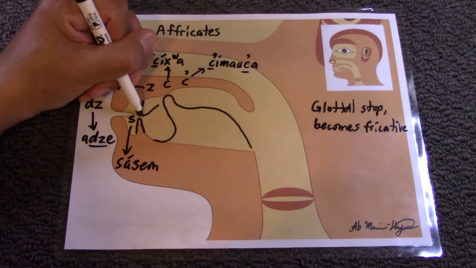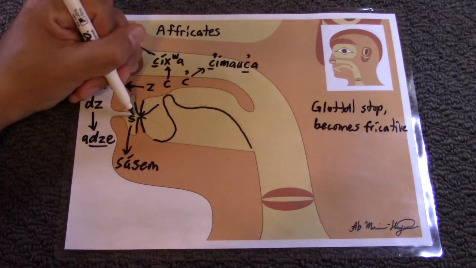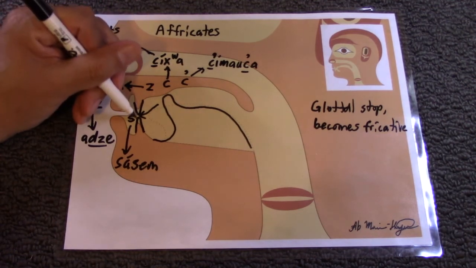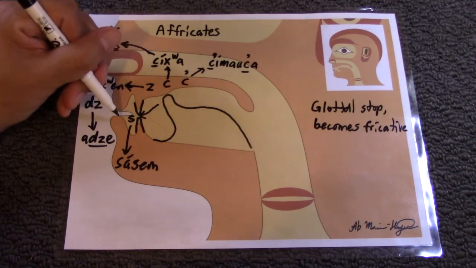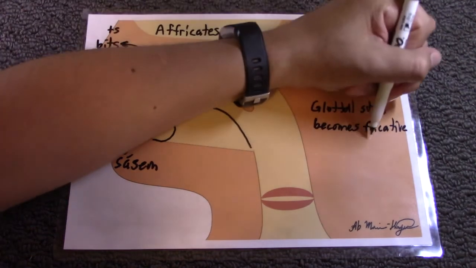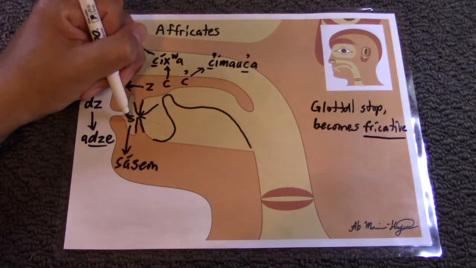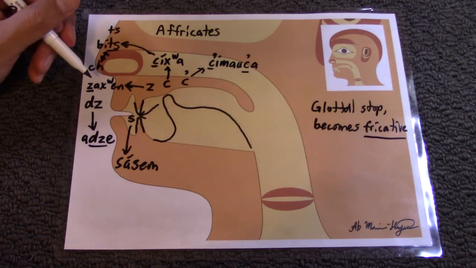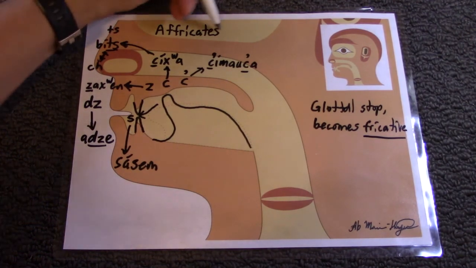The air comes out. When it passes through our teeth, it's a smaller opening, so the sound is kind of bouncing around really quickly in between our teeth. That's the fricative sound. S is a fricative sound. So those are alveolar affricate sounds.